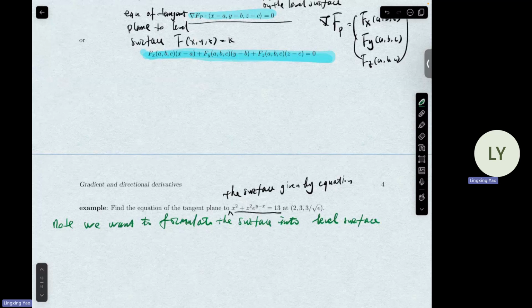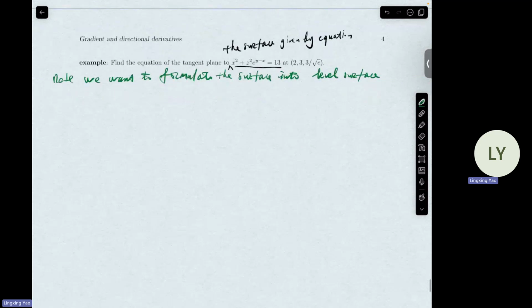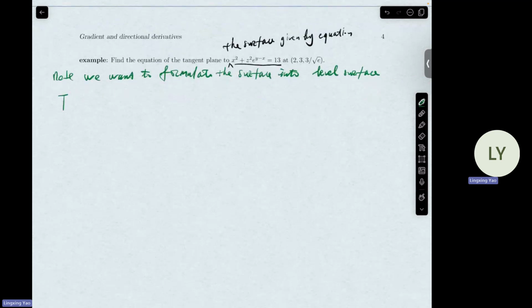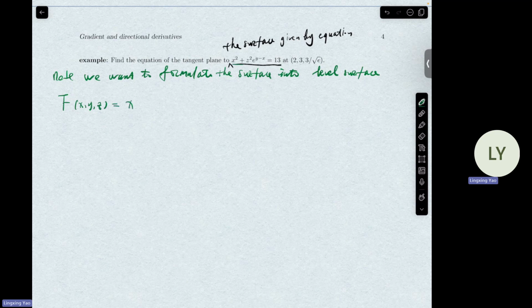All right. So what is the function capital F for us to construct the level surface? And here we should note we usually would just write everything that involves the variable and we move them to the left. And then how about the 13? Well, we can move the 13 to the left.